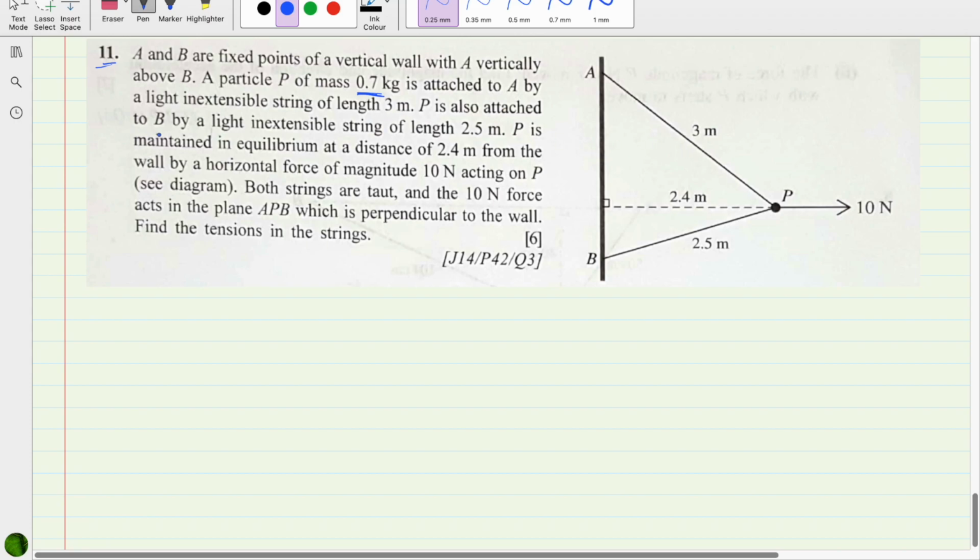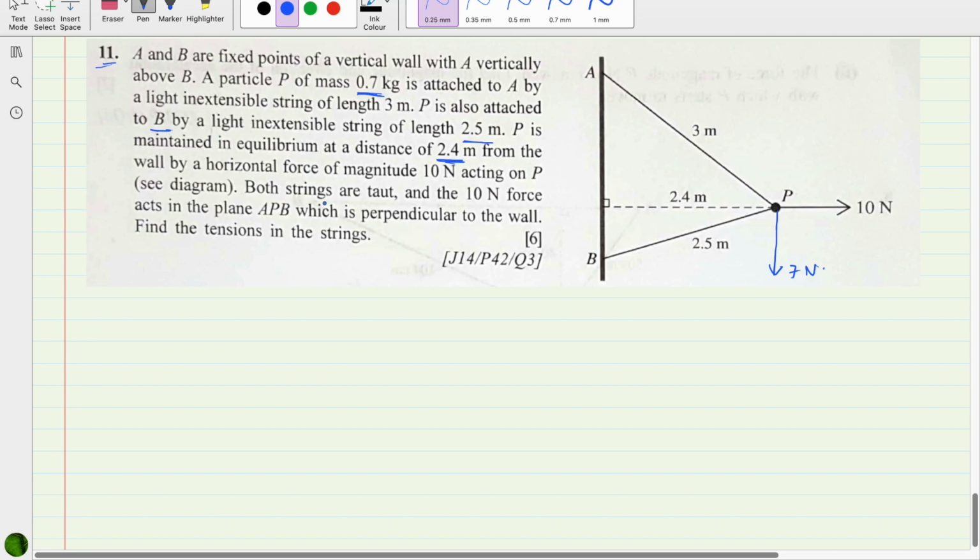P is also attached to B by a light inextensible string of 2.5 meters. P is maintained in equilibrium at a distance of 2.4 meters from the wall by the horizontal force of magnitude 10 newtons. So I am just drawing this force, that is 0.7 kg, so the weight would become 7 newton.